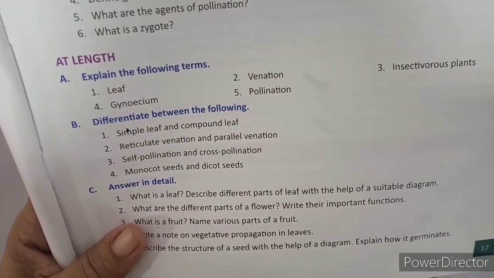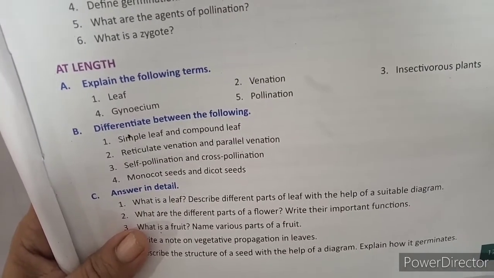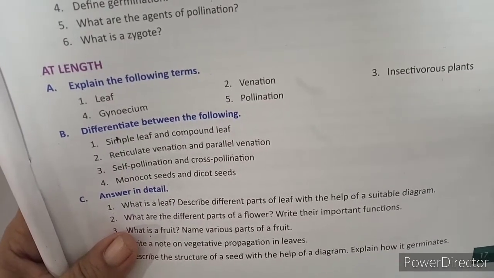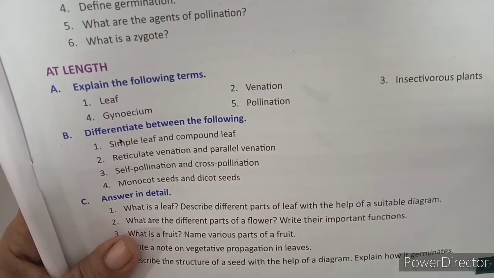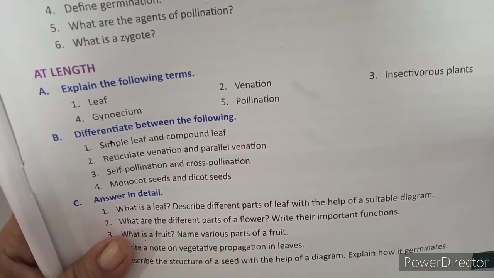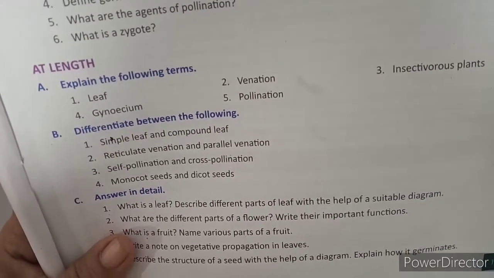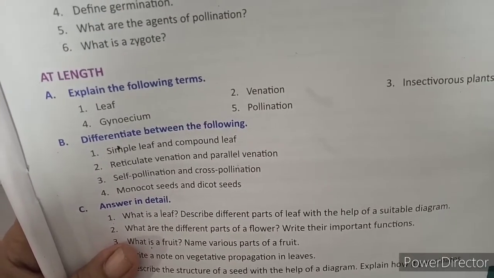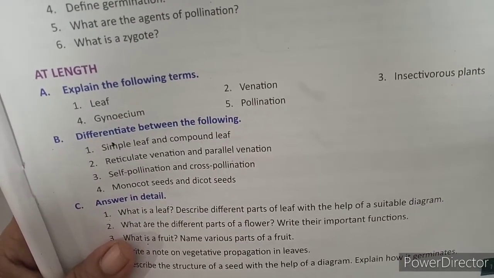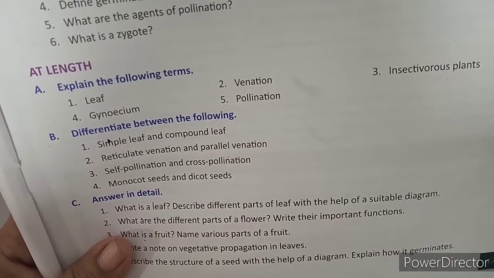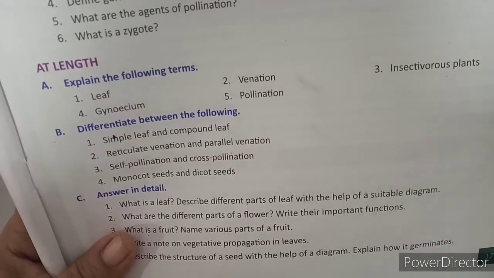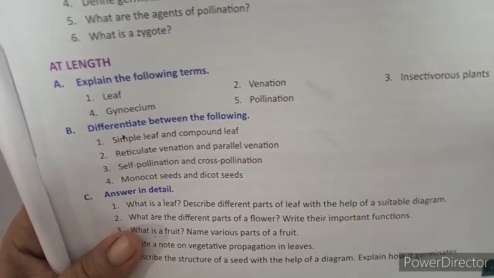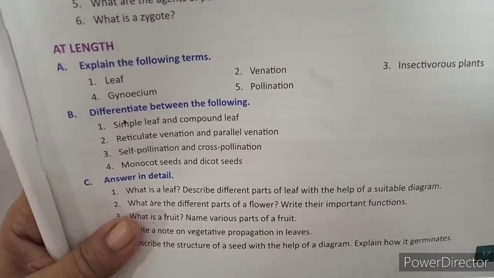Take your lined page, because this is a writing part, so you have to use your ruled page, not the empty or plain page. Divide the page into two parts and write the differentiation. So first one, simple leaf and compound leaf.